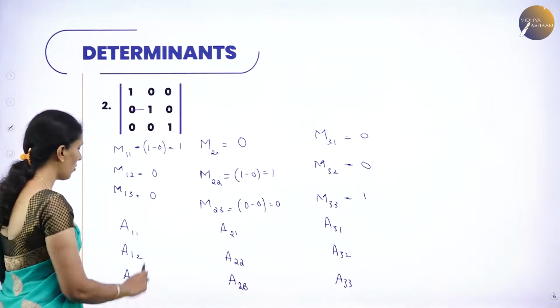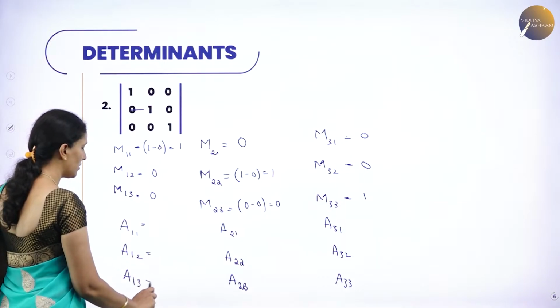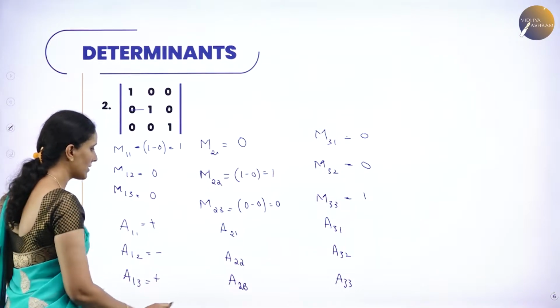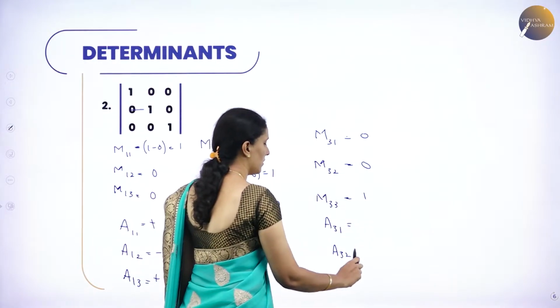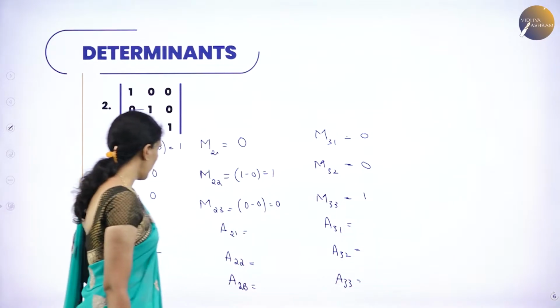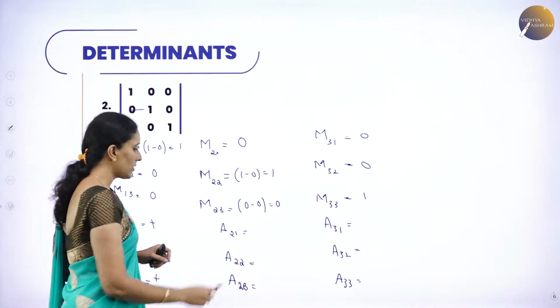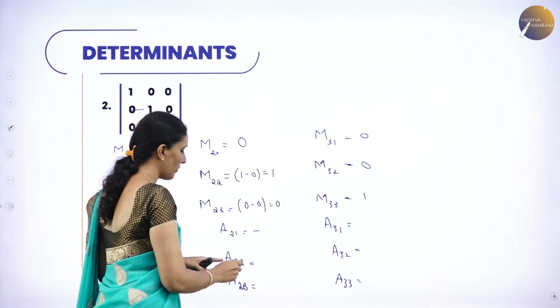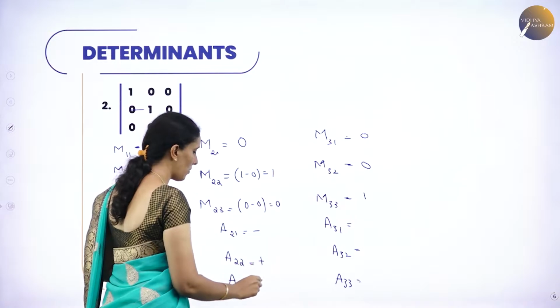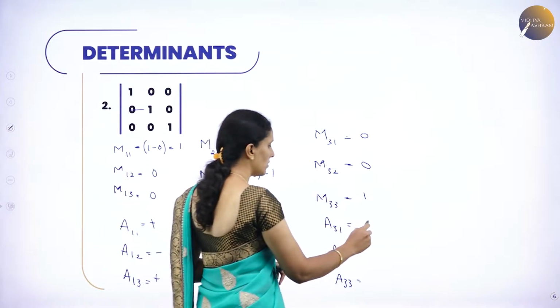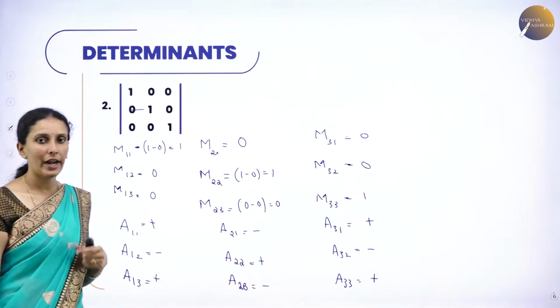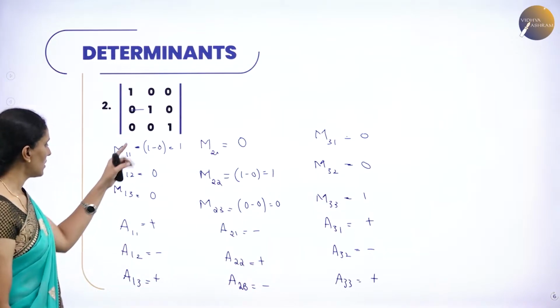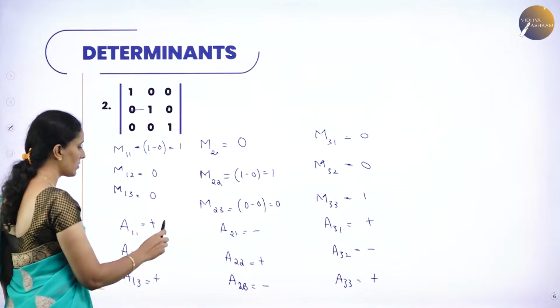So remember the sign pattern always, it's easy: plus minus plus, and here put accordingly. So we have plus minus plus. When you add i plus j and it is an odd number, it means negative. When the sum is even, it means positive. So we have positive, negative, positive. When the minor is 0, no need to write the plus or minus symbol. Write the particular minor element, it is 1.